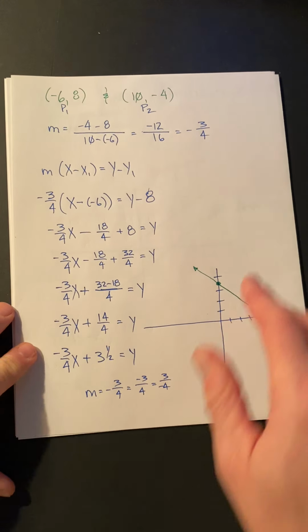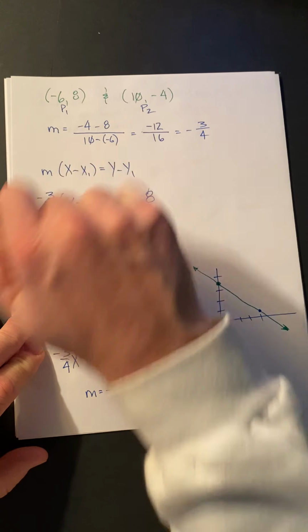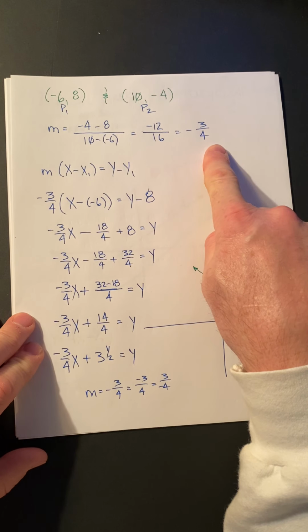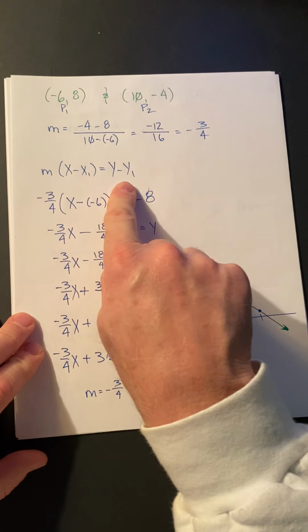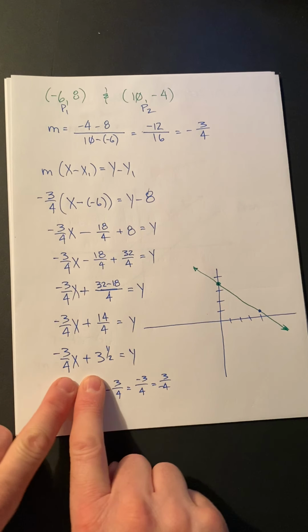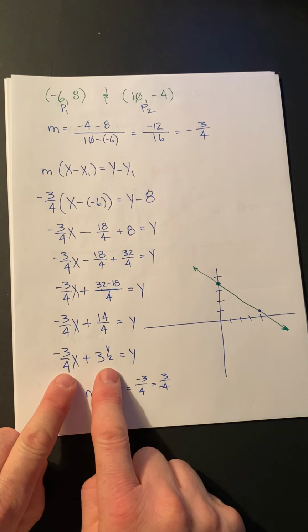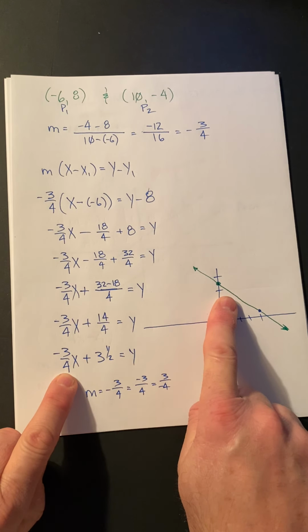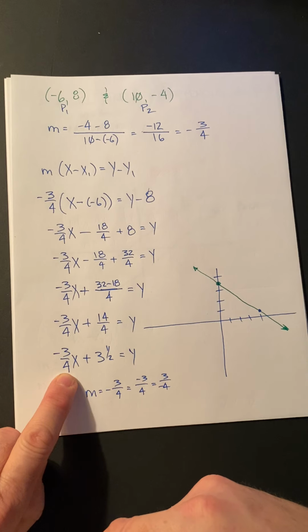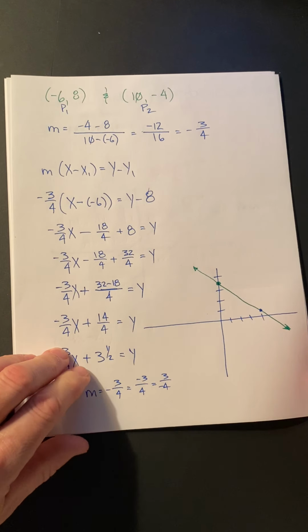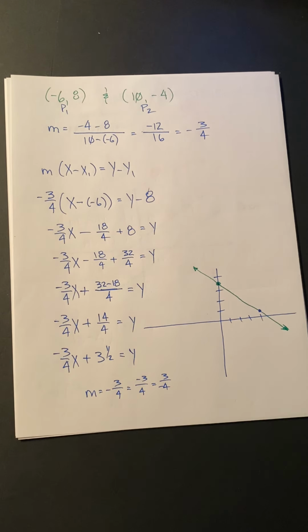Then we went through an example where we start off with 2 points, we calculate the slope, we put it into the point slope, and we work our way down till we get our slope-intercept form, and then from there I can go straight to my graph and graph it, okay? So super helpful stuff in graphing.